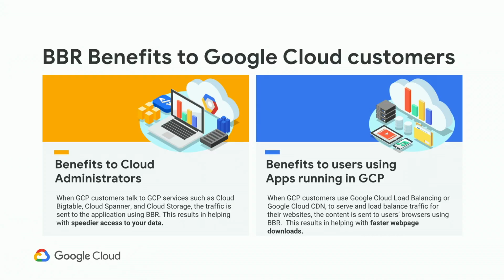Now, if you look at the BBR benefits to Google Cloud customers, there are two ways to look at it. First, benefits to the cloud administrators. When GCP customers are talking to GCP services, such as Cloud Storage or Cloud Spanner, the traffic is sent to the application using BBR. And this helps in speedier access to your data.